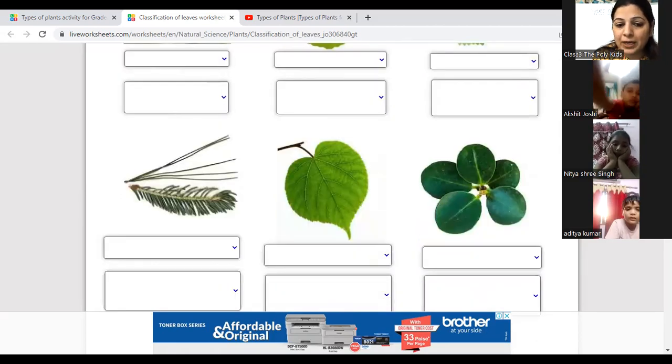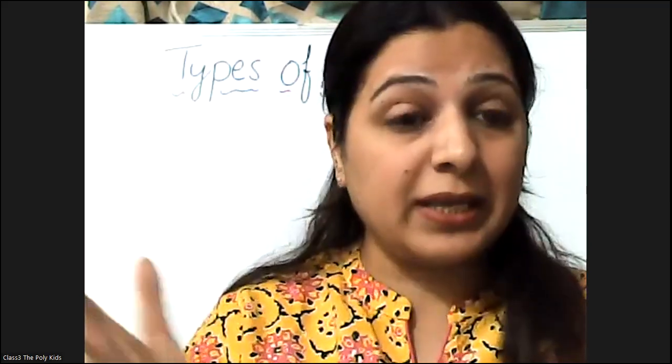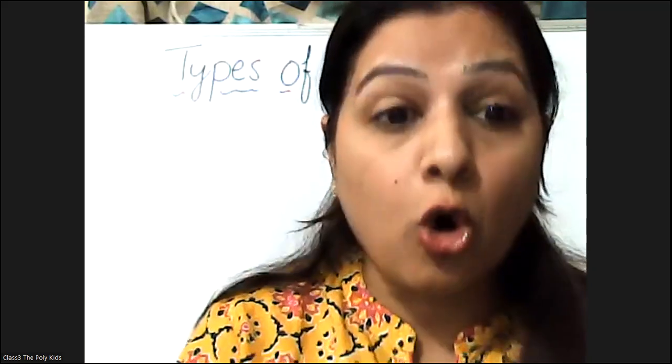For example, if we talk about banana leaf, is it very big or small? It is very big, yes. And palm leaf or coconut leaf, big or small?